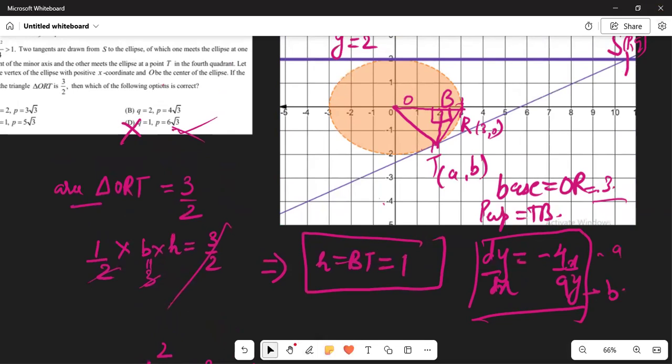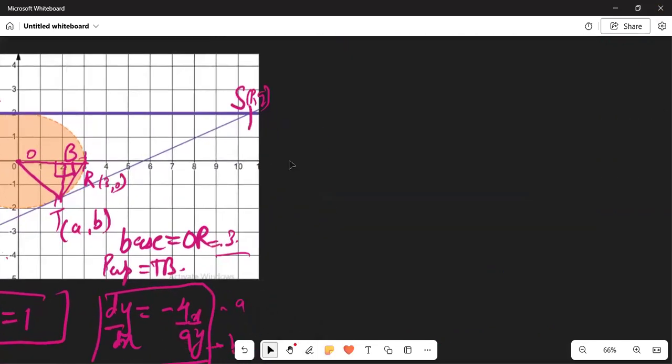And if we try to find the equation of the line using the form (y minus b) upon (x minus a), because it passes through T, and the slope is given by minus 4 by 9, and this is given by a upon b, we'll be having two unknowns. So this is not going to give us anything.